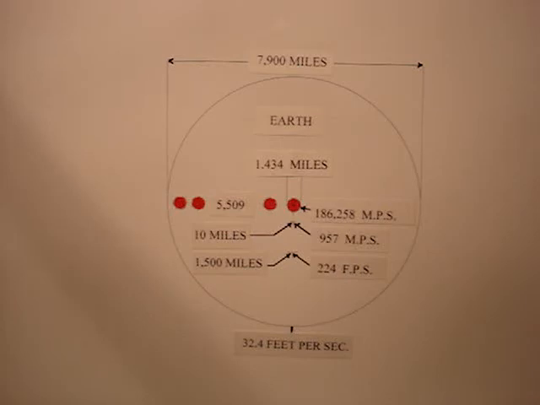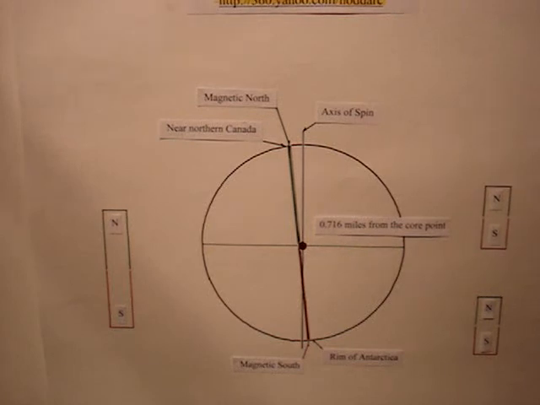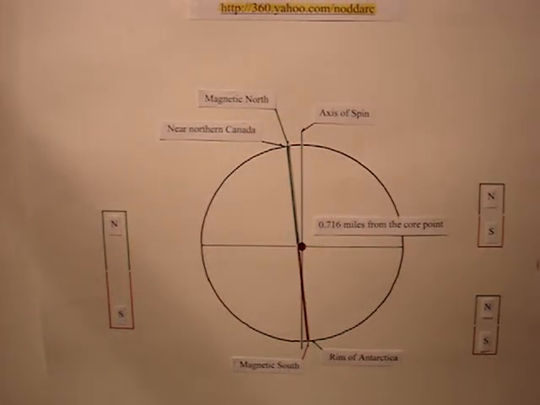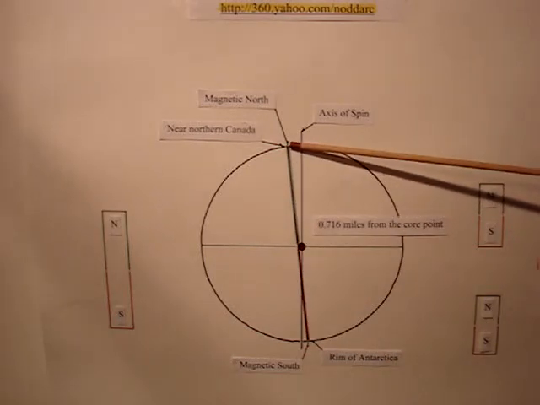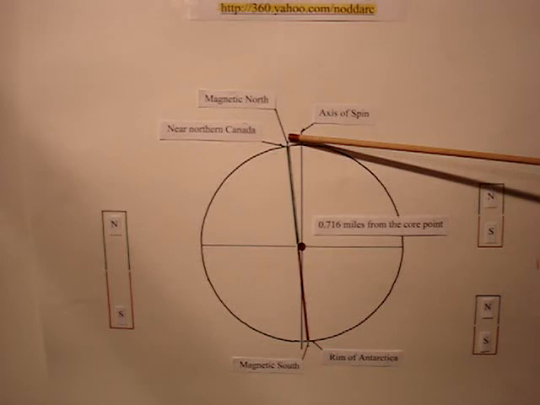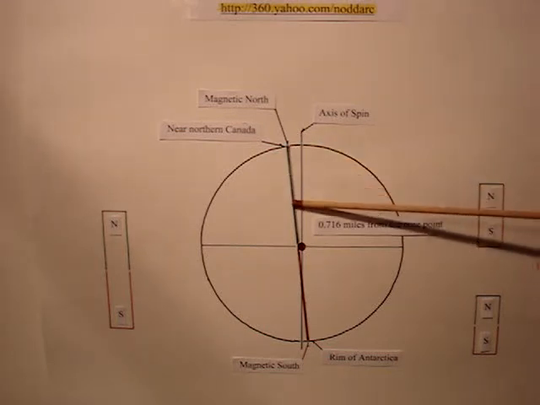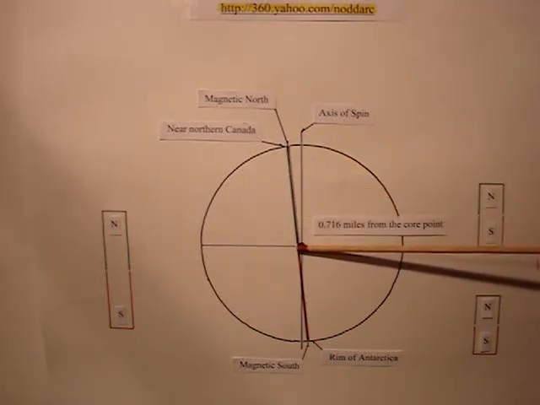Because of the density of the mass in this area, magnetic lines cannot go through that dense material. Because it doesn't have the ability to go through that dense material, it moves over.